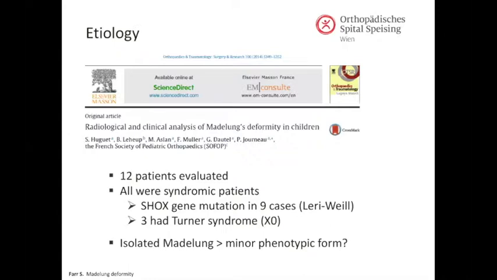In this French paper, 12 patients were evaluated, and all were syndromic cases with a SHOX mutation, 9 of which had Leri-Weill syndrome and 3 had Turner syndrome. So this is another very common syndrome in this deformity. But there is still the discussion whether there exists an isolated form of Madelung deformity, which might be a minor phenotypic form.